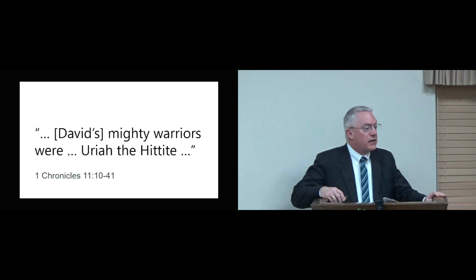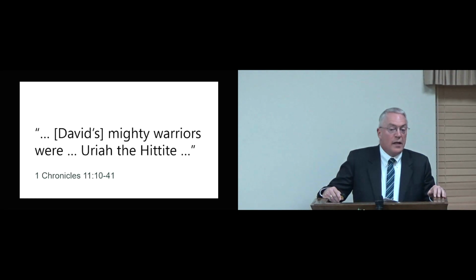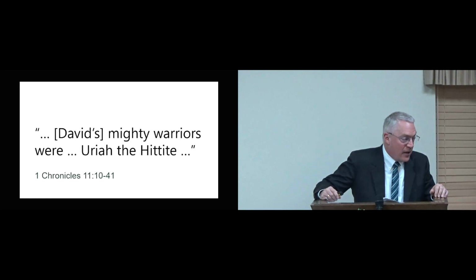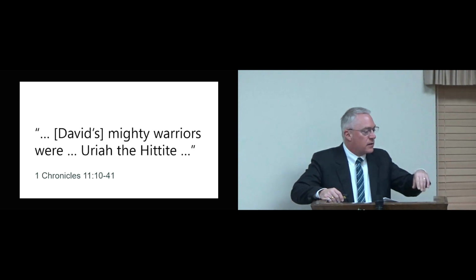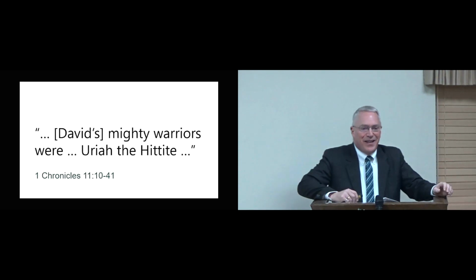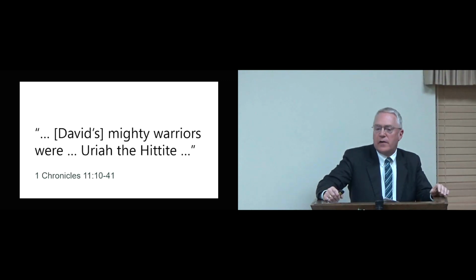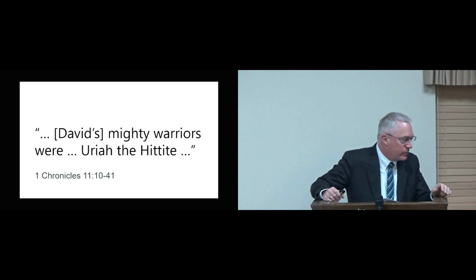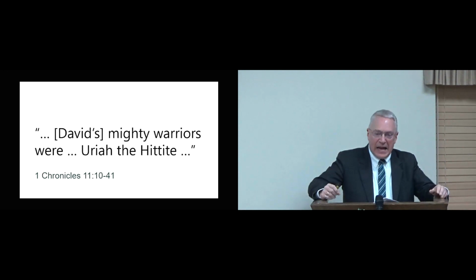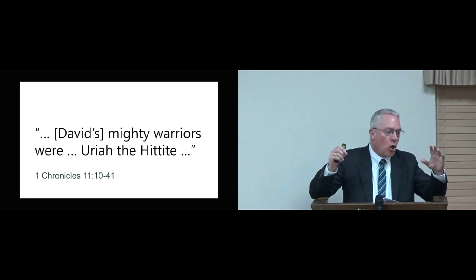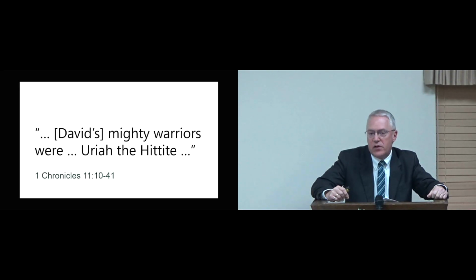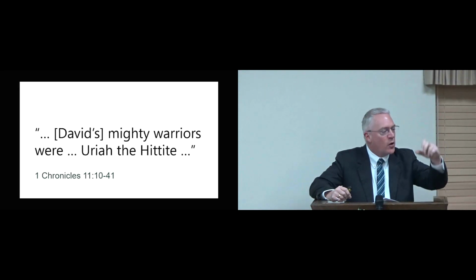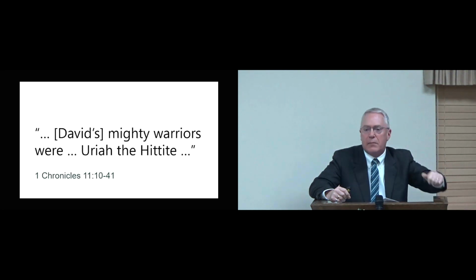Uriah the Hittite wasn't just some guy. As we see elsewhere in Samuel and Chronicles, Uriah the Hittite was one of David's so-called mighty men. There were 30 guys who were so incredible in the work that they did as part of David's army that they were singled out, and the Bible lists them all as David's mighty men.